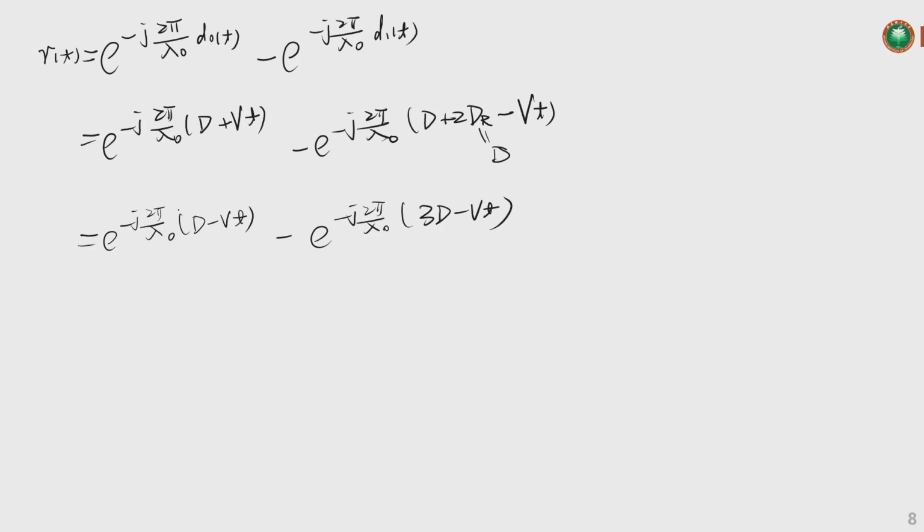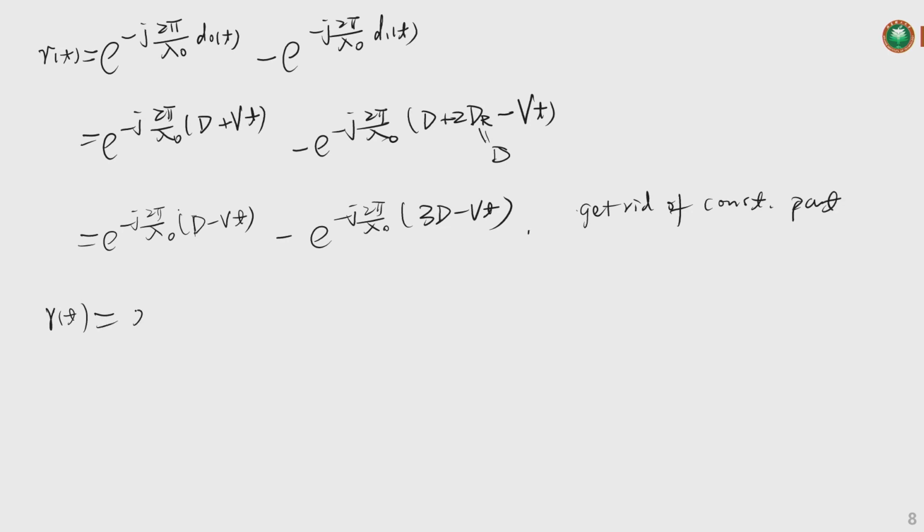When we consider the amplitude, the absolute value of the amplitude, that means we can get rid of the constant part of it. So the magnitude of r(t) gets rid of the constant part.